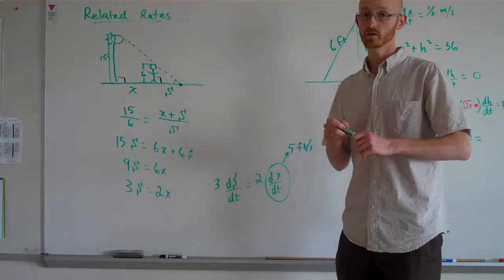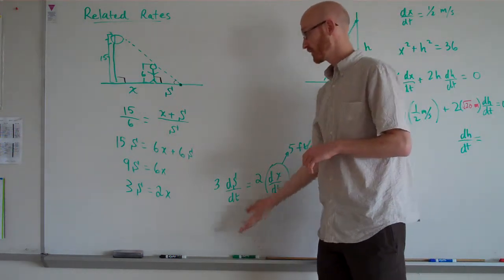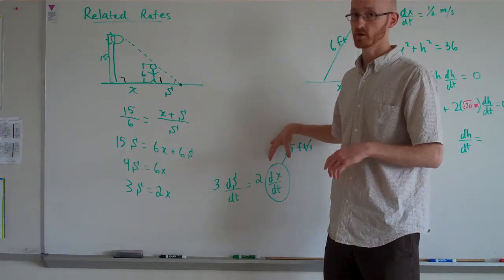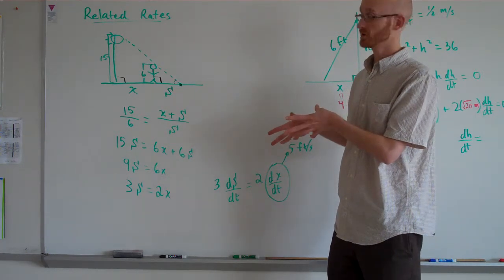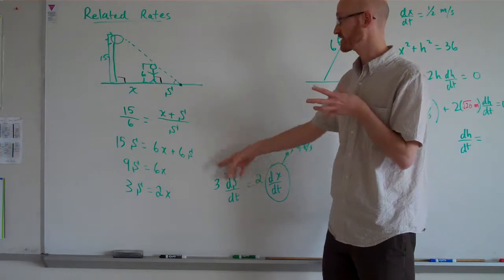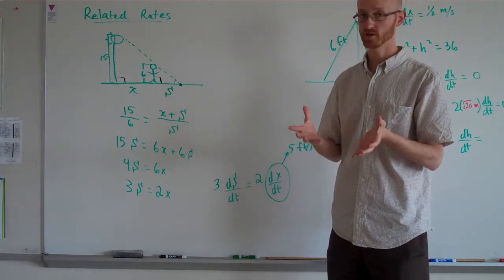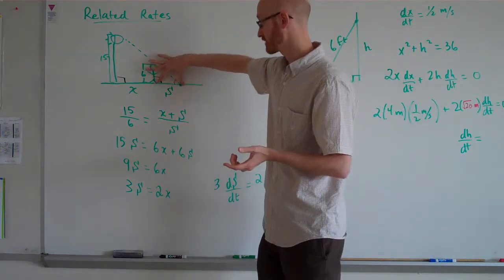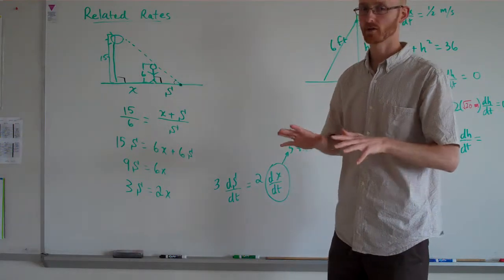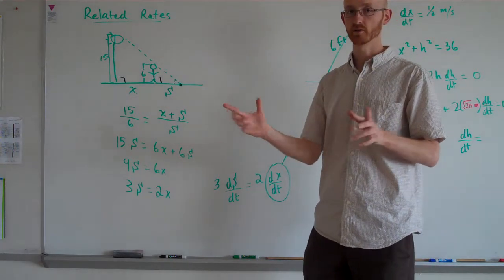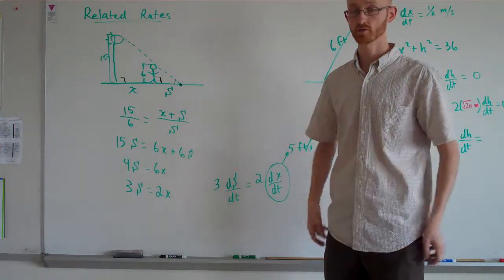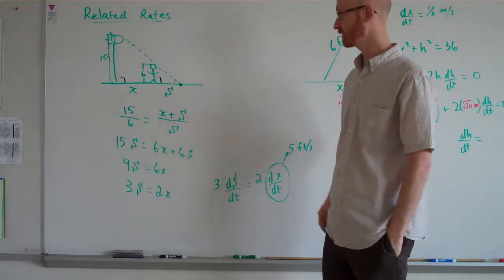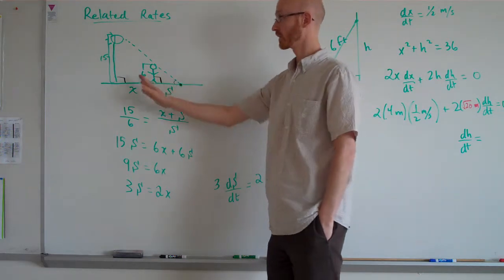Interestingly, something to note here is that there are no variables left when we take the derivative other than the rates of change. So in this particular question, to find ds dt, how fast the length of the shadow is changing, it's not dependent on where the person is. The rate of change of the length of the shadow is only dependent on how fast they're walking, not on where they are.